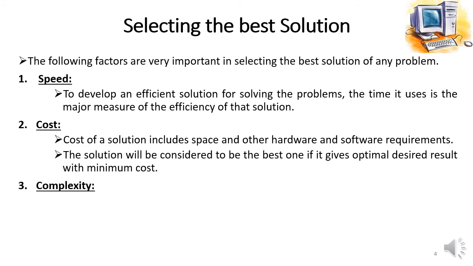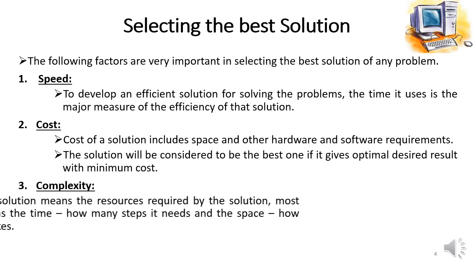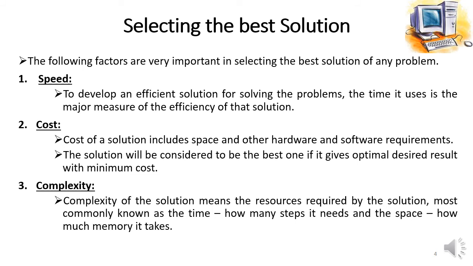Third factor is complexity. Complexity of the solution means the resources required by the solution. Resources means memory space, hardware and software requirements which are required for any solution to be implemented, most commonly known as the time. Time means the CPU time, that is, how much time it will take from the central processing unit to be executed and to perform any function.